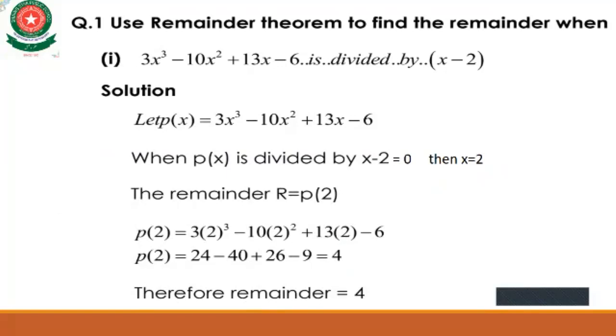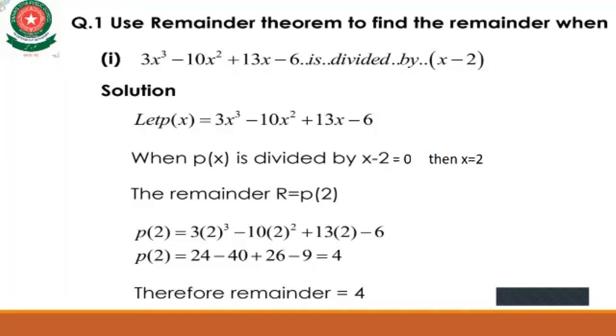Part number one of question number one is 3x cube minus 10x square plus 13x minus 6 divided by x minus 2. We have to divide this polynomial by x minus 2.